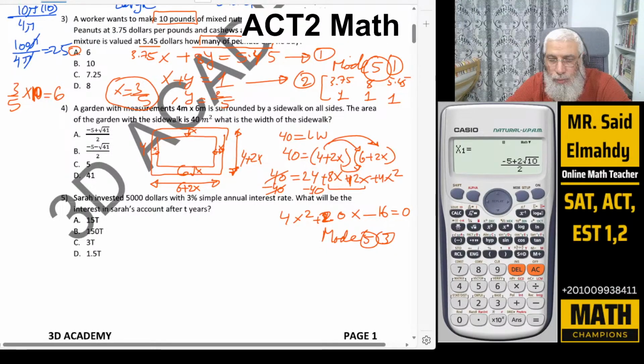What is wrong here? 4 plus 2x, 6 plus 2x equals 40. 24, 8x, 12x, and 4x squared minus 40. So 4x squared plus 20x minus 16.